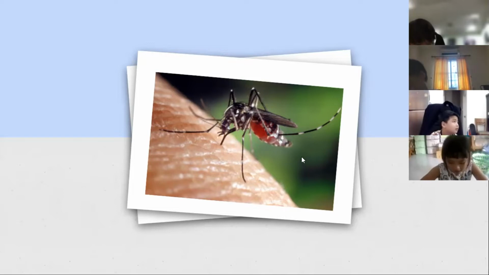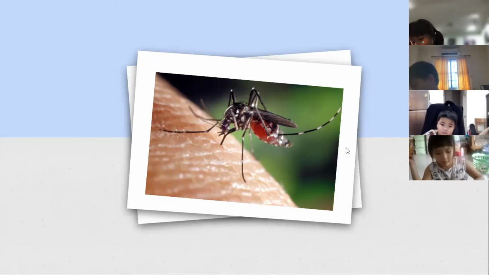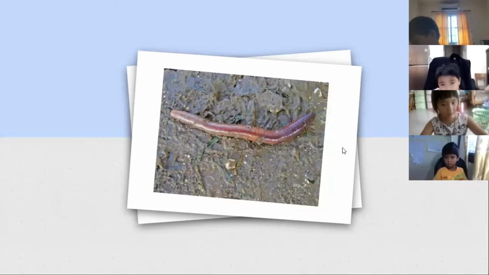When you say stagnant water, it is water that does not move. Especially if you have stocks of water and it is not covered, the mosquitoes are there. They lay eggs.